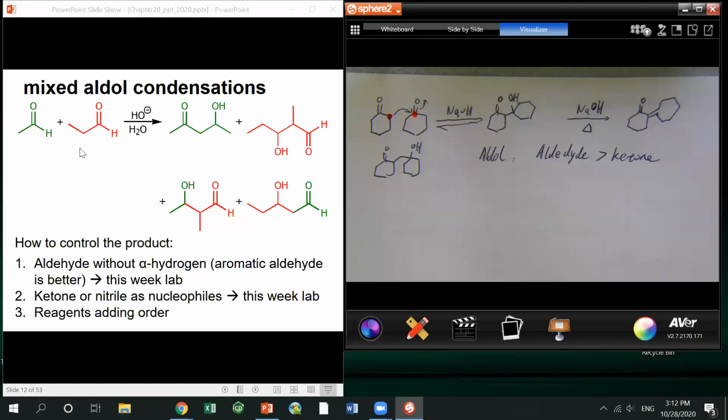So we have two kinds of alpha carbon and two kinds of carbonyl carbon, and you can have all the possible cross products.